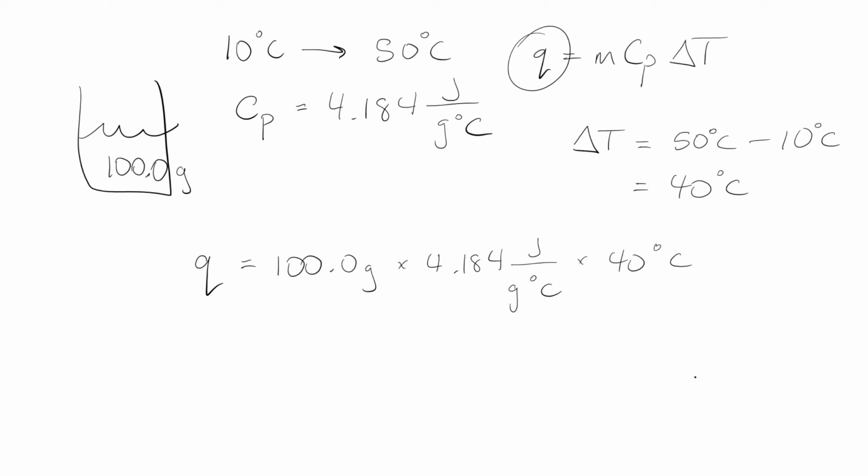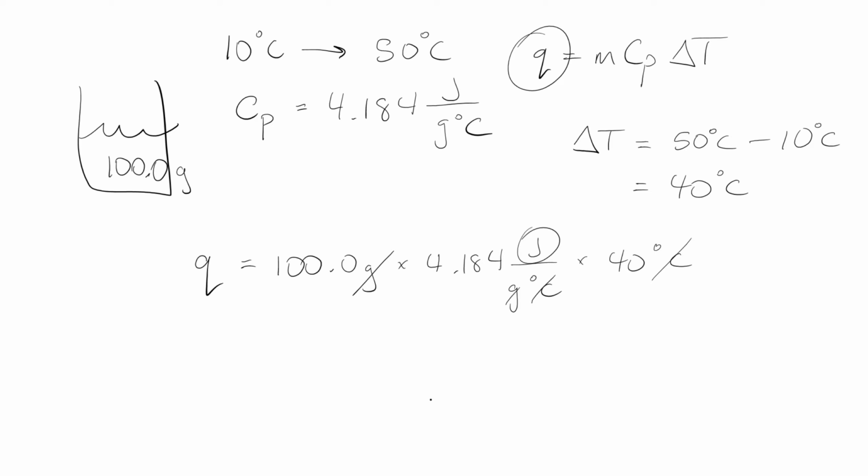If you do the math, grams cancel, degrees Celsius cancel, and you're left with the unit joules, the unit of energy, so we know that this is good. 100 times 4.184 is 418.4.